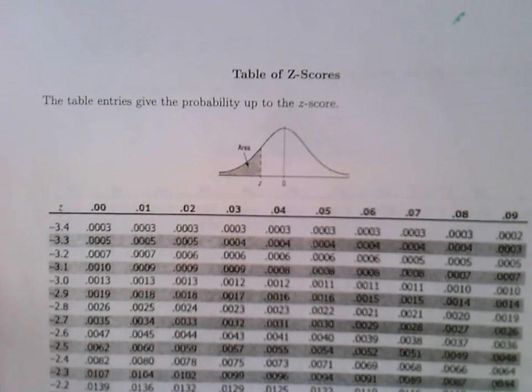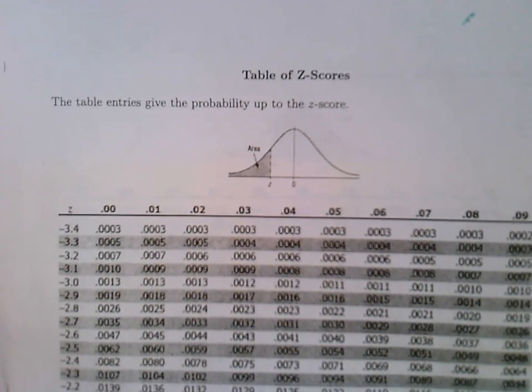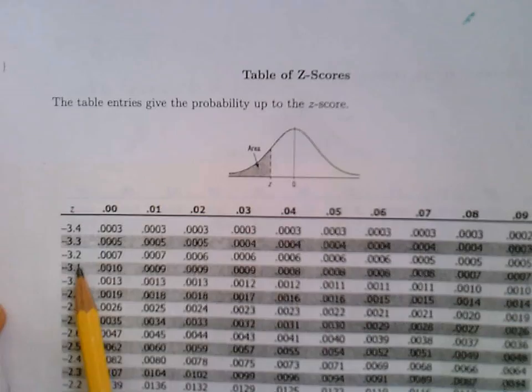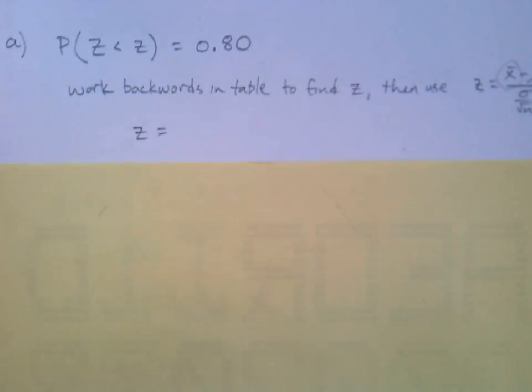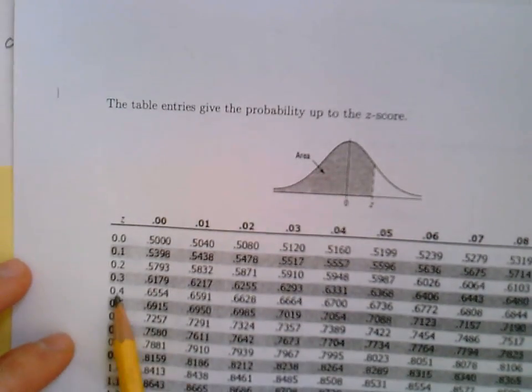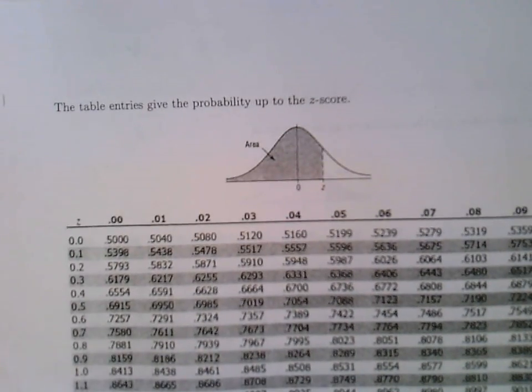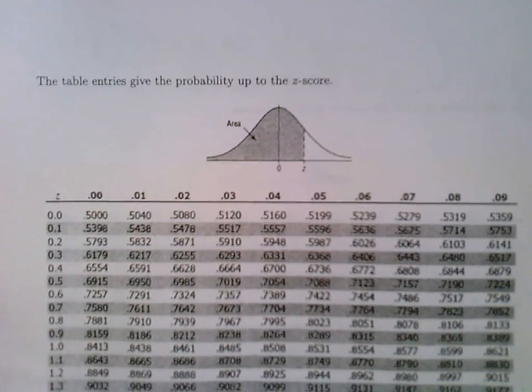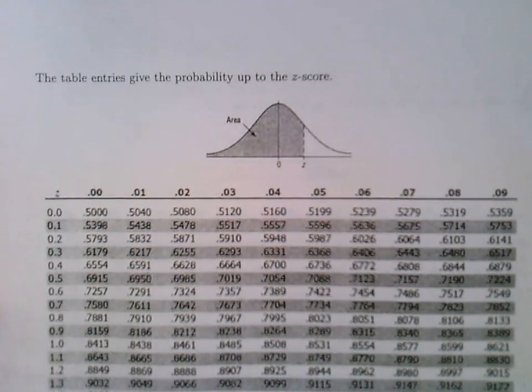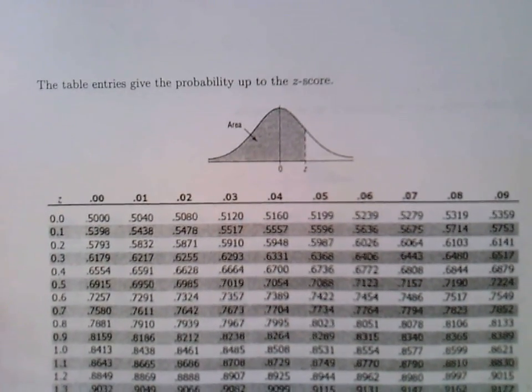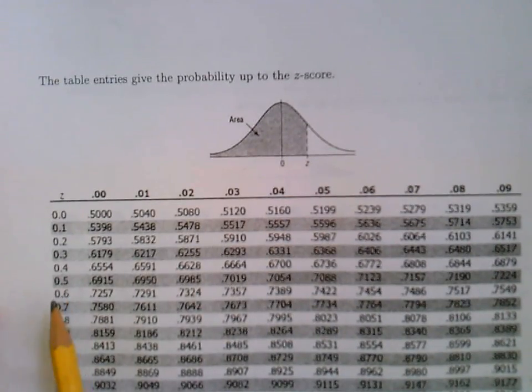Okay, it takes a little time, but maybe at least we can know, should we be looking at the negative z-scores, or should we be looking at the positive z-scores? It'd be nice if we were in class and I'd say, which one? And maybe lots of people would know. If we're looking at the 80th percentile, we need to look at the positive z-scores.